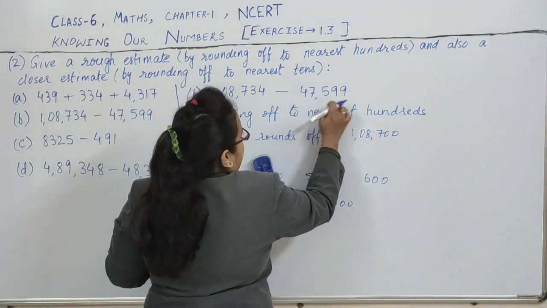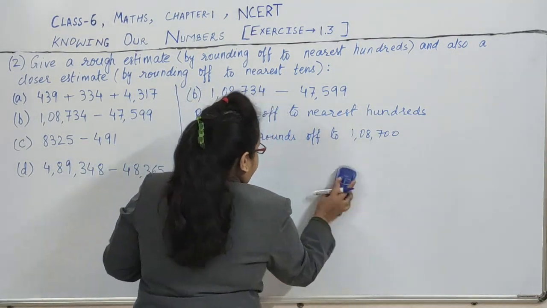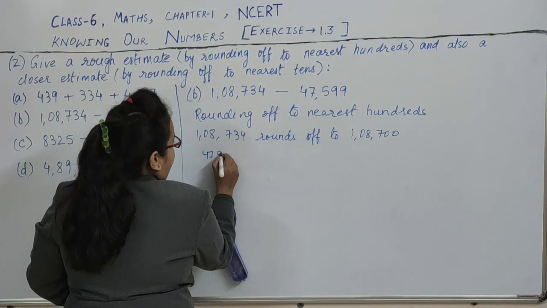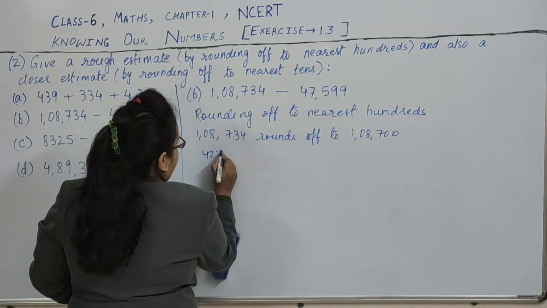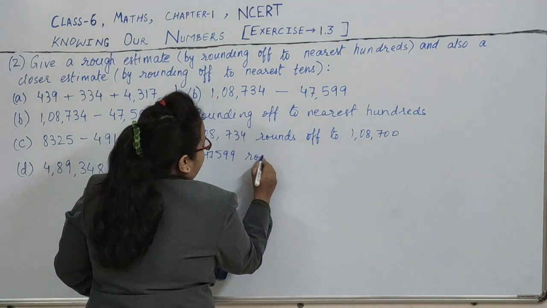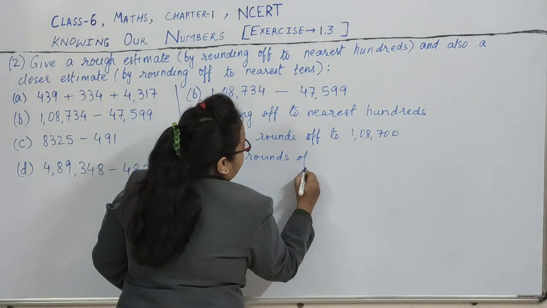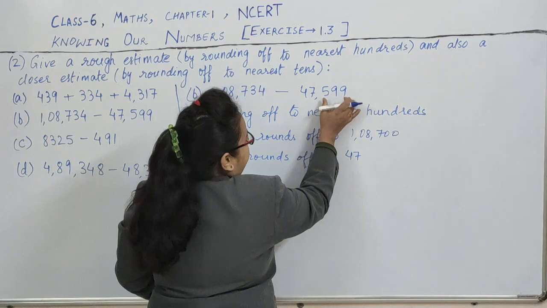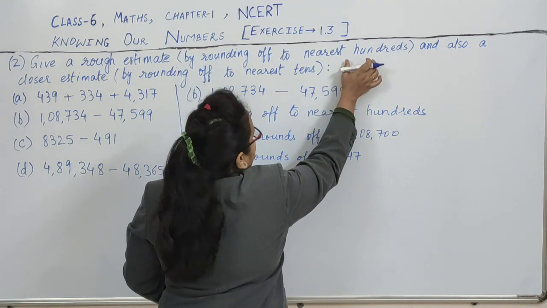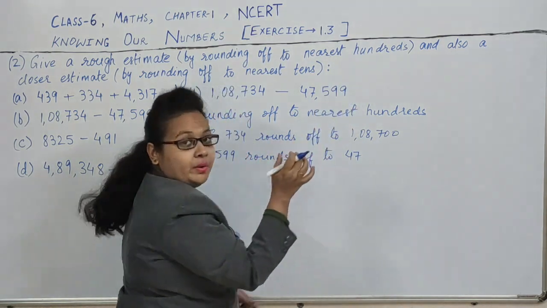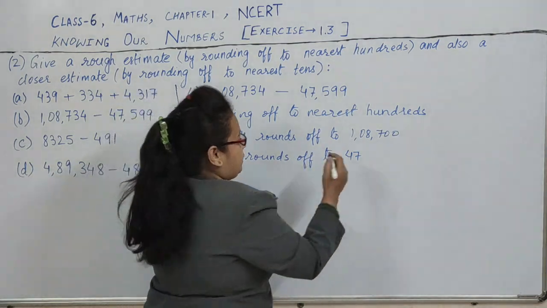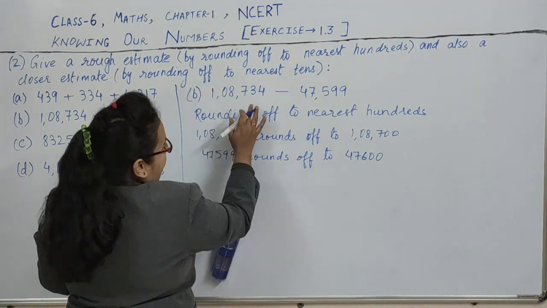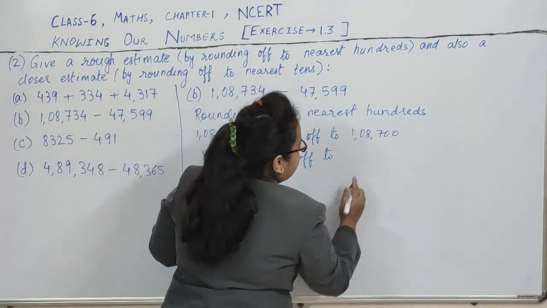So when we round off this number to the nearest hundreds, 47,599 rounds off to 47,600. 47 will remain as it is, because we have to do rounding off to the nearest hundreds, and this is rounded off to 600, just now we saw. So this is 47,600.